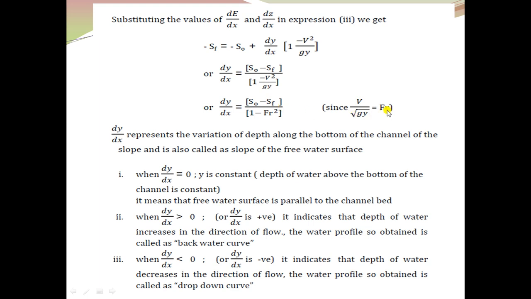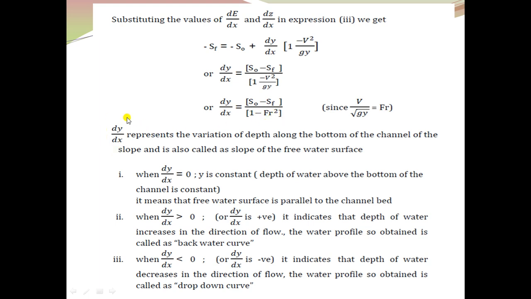The definition of Froude number says that Froude number Fr is equals to v under root of gy. So this term v square divided by gy is nothing but square of Froude number. So if we simplify the above equation, it will be dy by dx is equals to S0 minus SF divided by 1 minus Fr square.